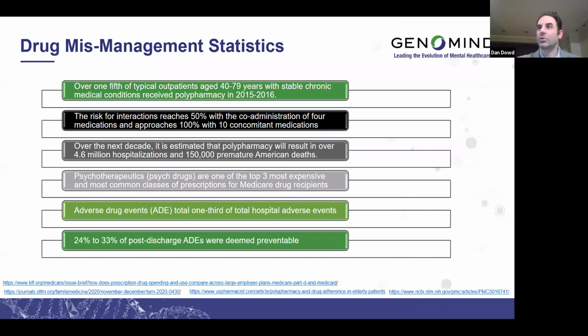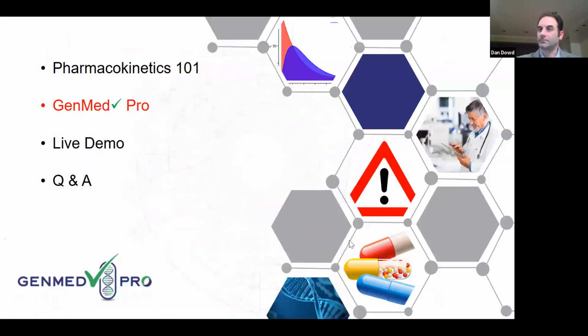Adverse drug events total 1/3 of all hospital adverse events, and at least 24 to 33% of patients post-discharge had adverse drug events that were deemed preventable. Okay, so this is serious, this is real, and we need better tools to manage it.